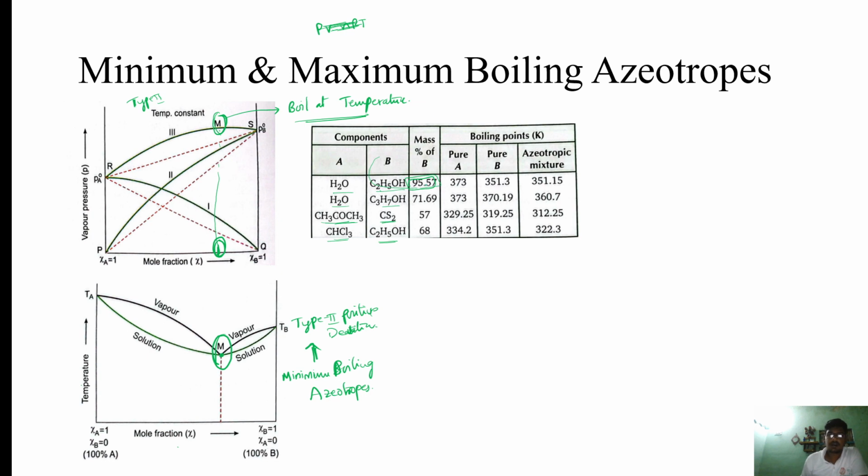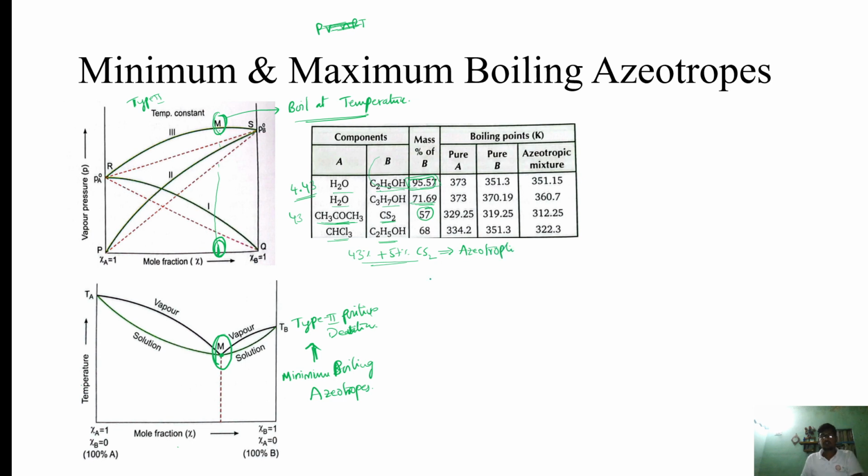A will be 100 minus this amount, then it will be 4.43, and here mass percent of B is 71.69. Here mass percent of B is 57%, and this will be 43. That means 43% of acetone plus 57% of CS2 will form an azeotrope, and it will show minimum.